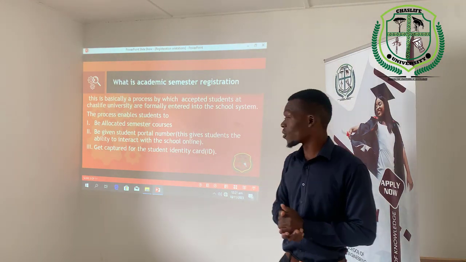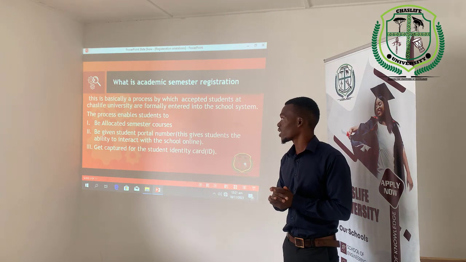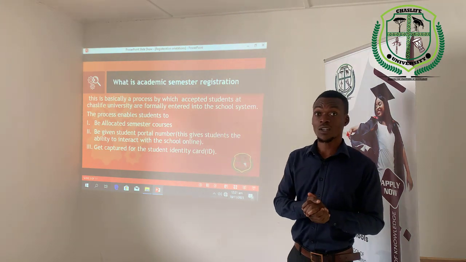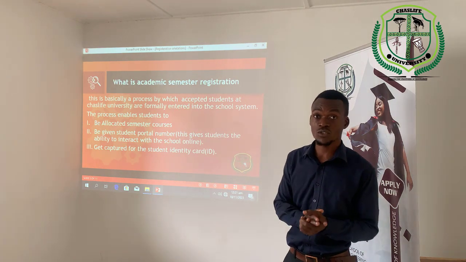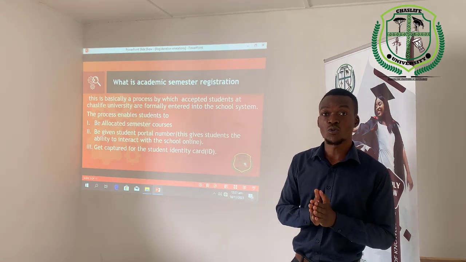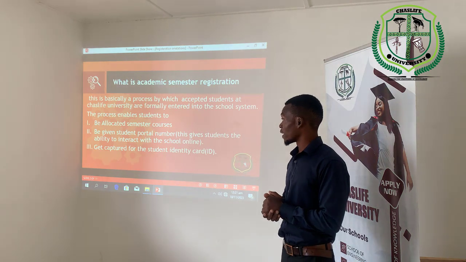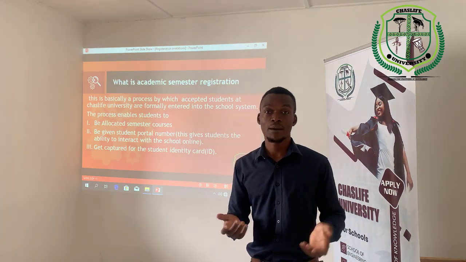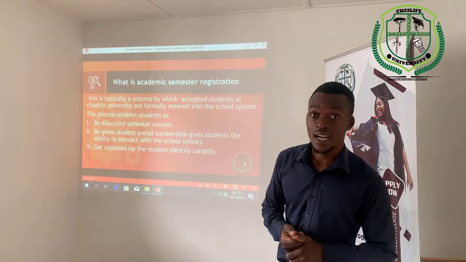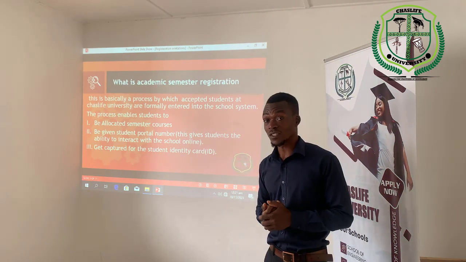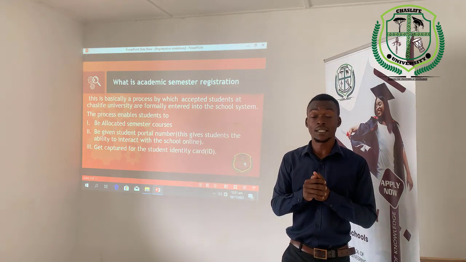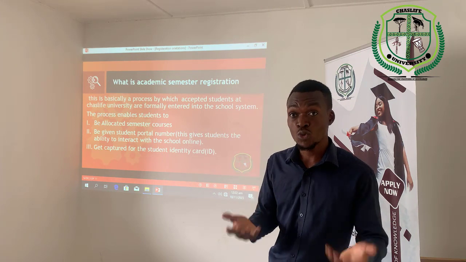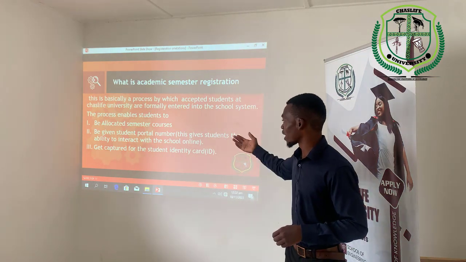This process involves allocation of courses. Once the students' details are entered into the school system, they will be allocated courses, and they'll be given the student portal number. The student portal number is a number that reflects their identity in the school system, and it gives them a platform to access or interact with the school using the online platform.